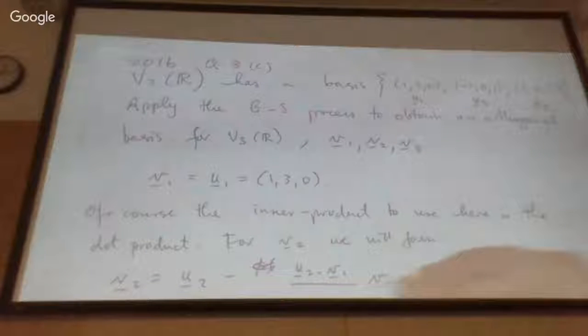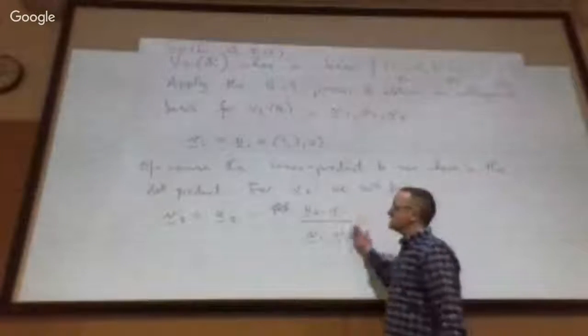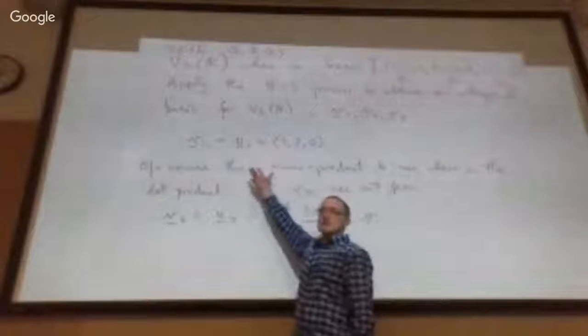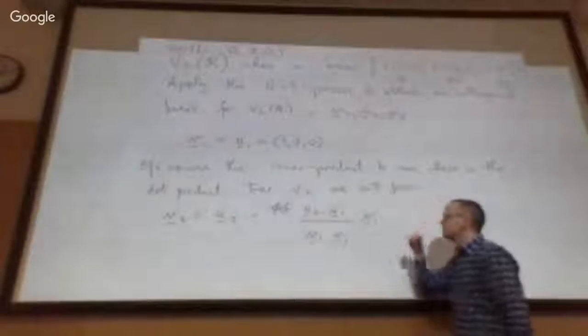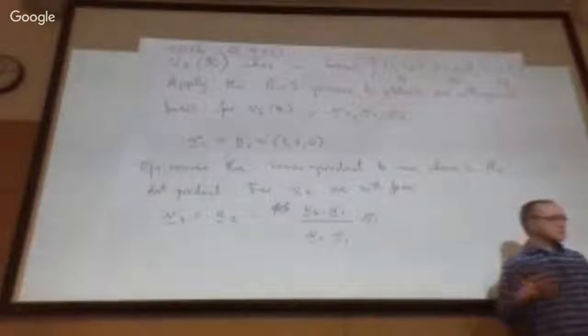Although the expression for the new vector V2 refers to other new vectors, V1, that's okay because V1 has already been constructed. We don't have any problems that the formula is referring to things which haven't been constructed.